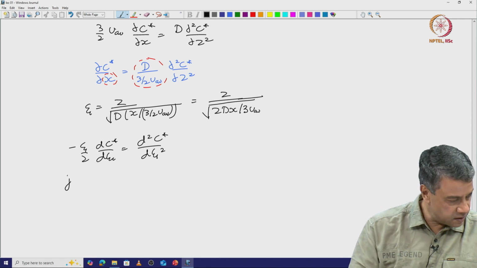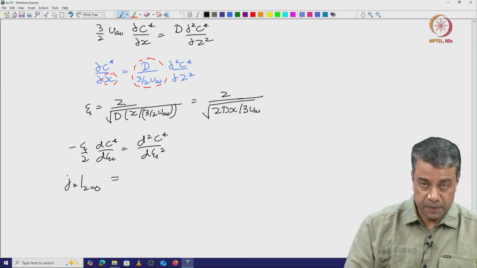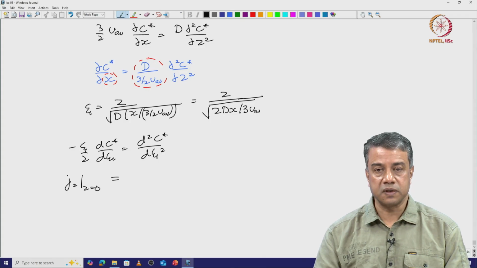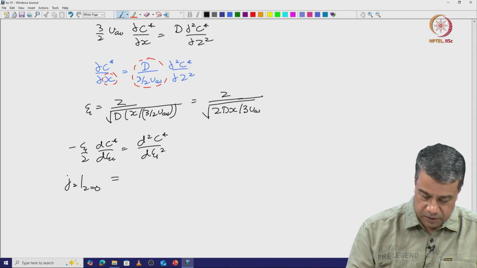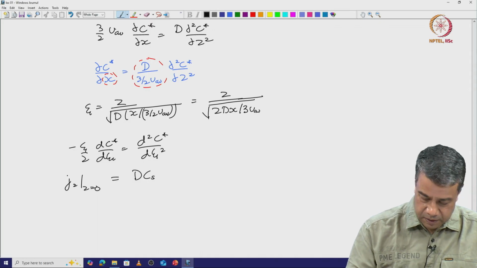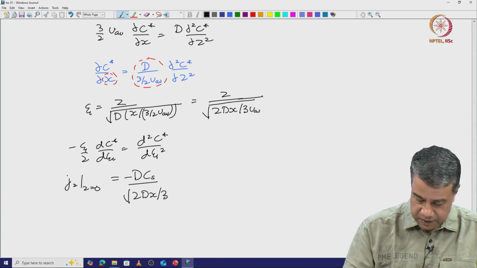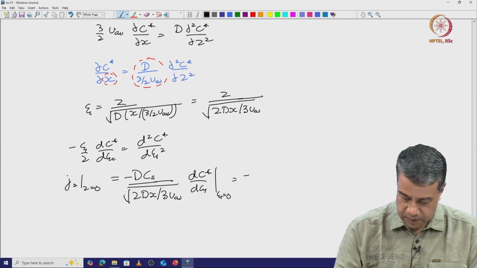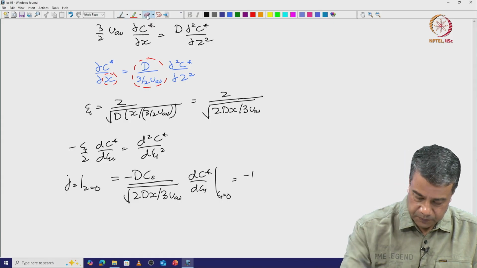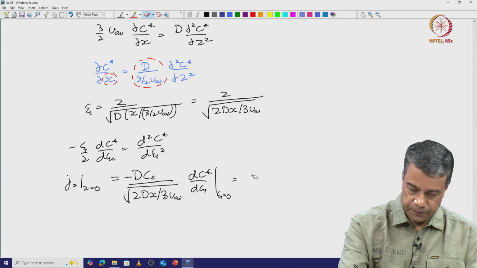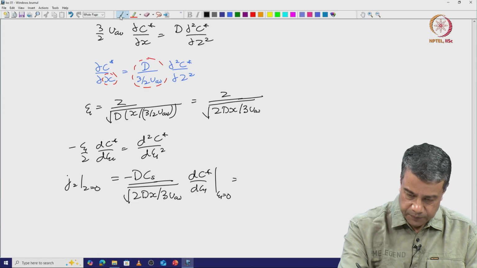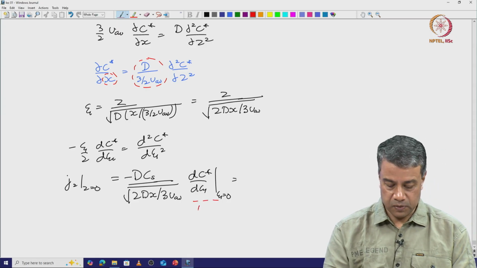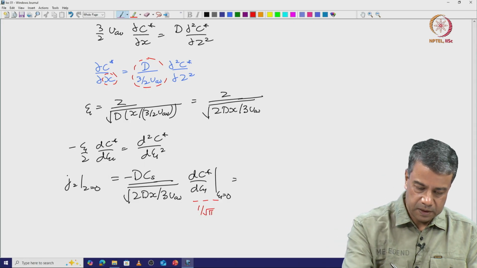And my equation for the flux is the same as I had for the temperature field, except instead of T I have to use x by 3 by 2 V average, and you can easily do that: d Cs by root of 2 d x by 3 V average into d C star by d psi at psi is equal to 0, which is equal to minus... this is the same as the temperature gradient, 1 by root pi, that we had for the previous problem.